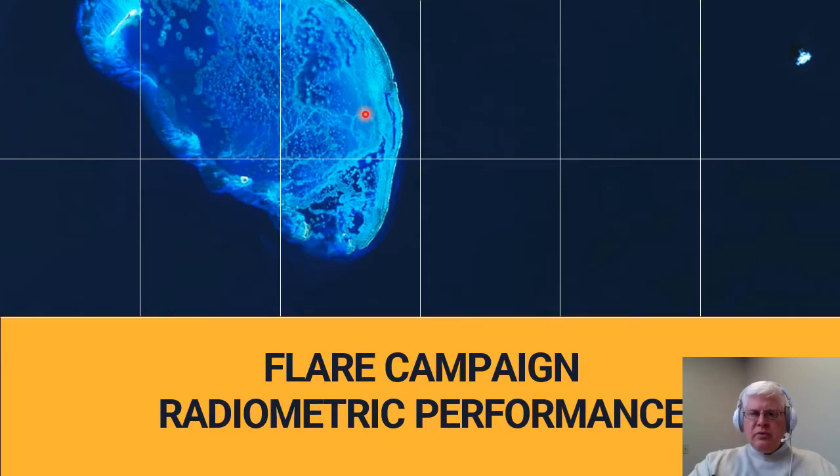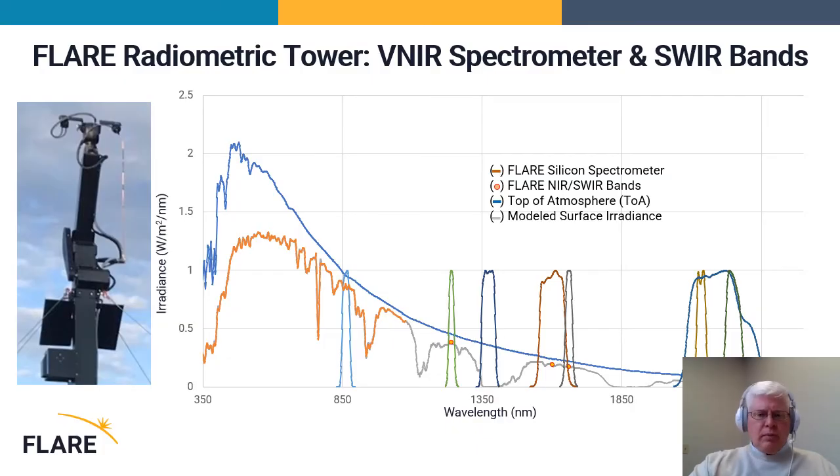So that was the spatial side. Now let's talk about the radiometric performance results that you get from FLAIR campaigns. The radiometric performance of the FLAIR system is our radiometric tower, which includes both a Vernier spectrometer and SWIR bands.